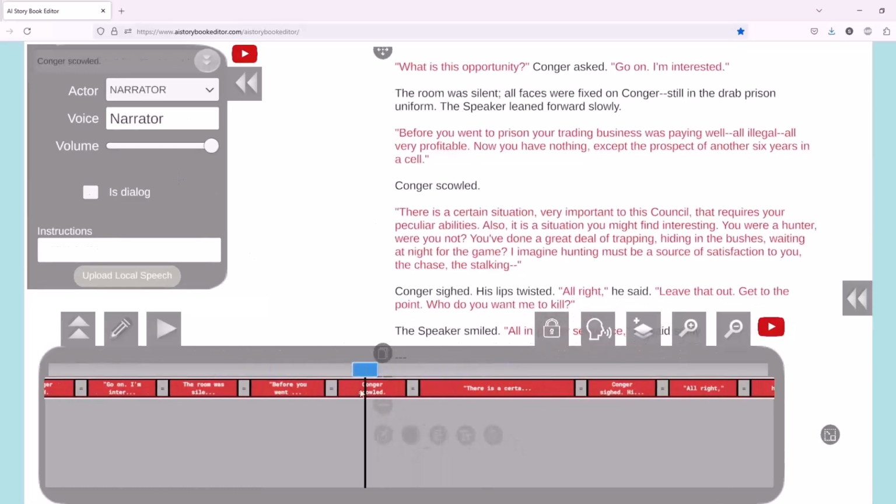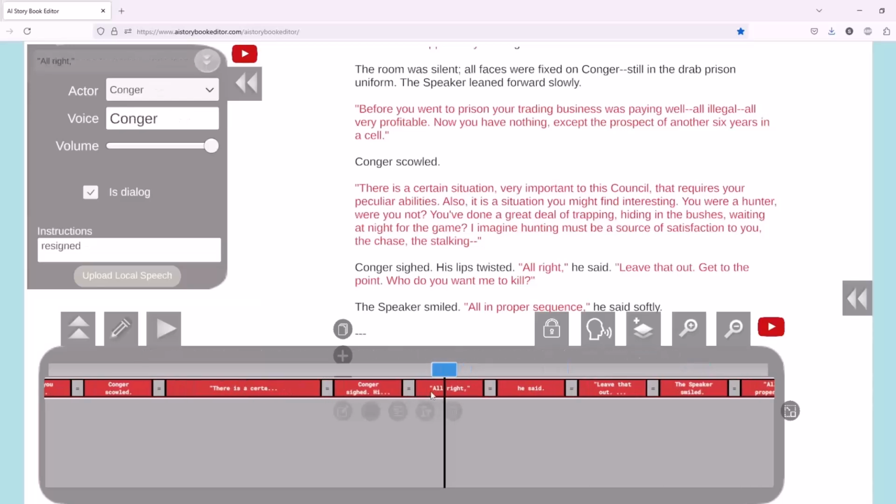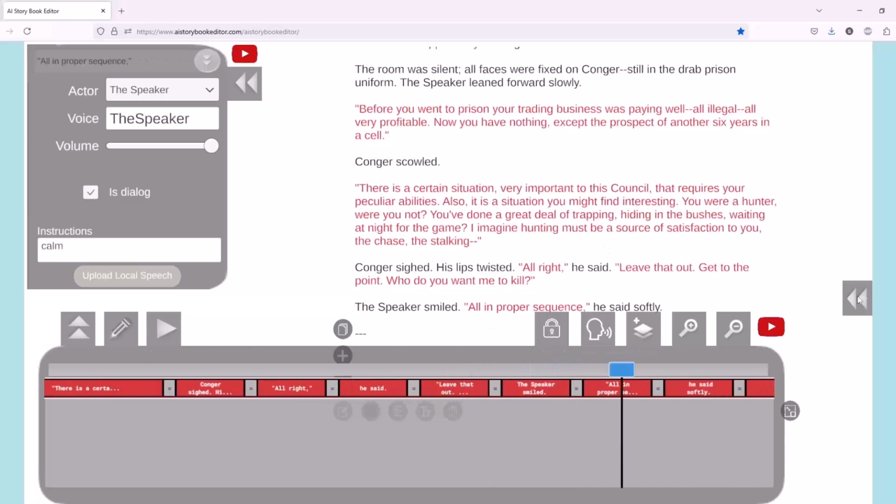Okay. Then Conger. No, this is the speaker explaining the plan to Conger, and this is Conger, and the speaker. Let's jump to the next page.